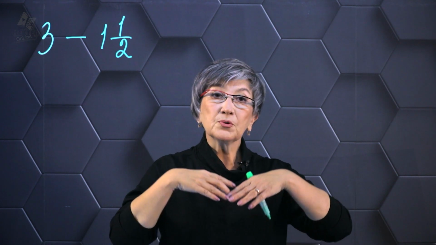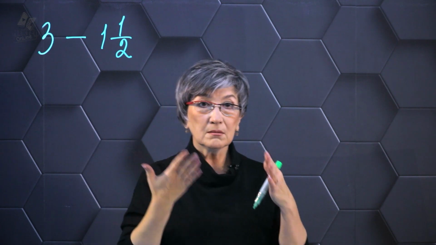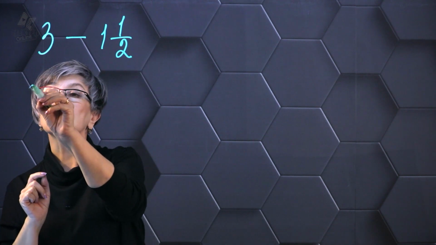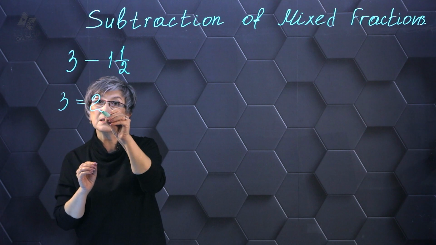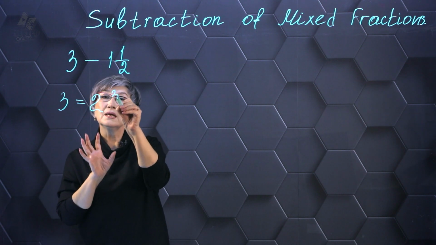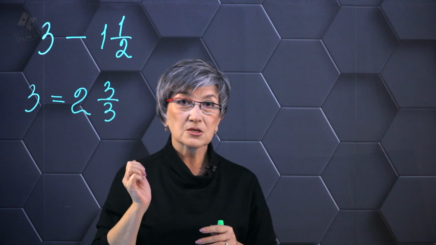But we can't just write down any number. Although I can take one whole part away from the three and put in any fractional part. For example, I can write down that 3 integers is 2 integers and 3/3. What happened in this case?